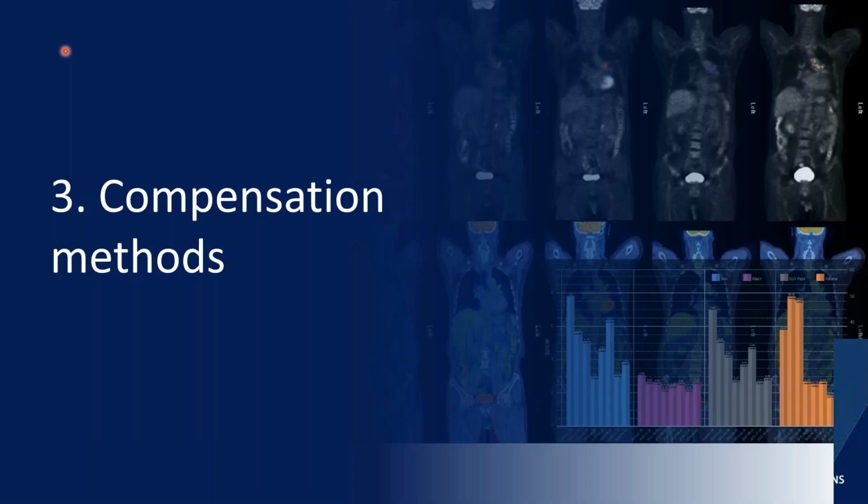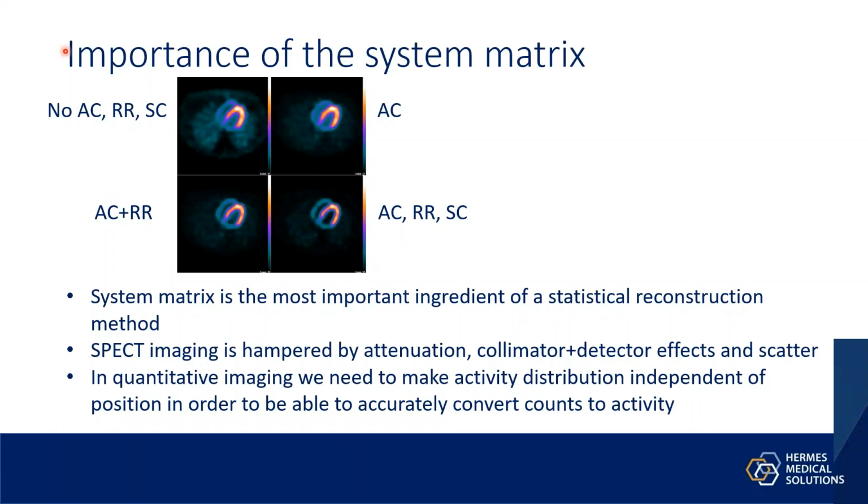So now we have talked about the basics of statistical reconstruction. We know how MLEM and OSEM work, and now we will take a deeper look at the compensation methods. Usually the system matrix is considered the most important ingredient of a statistical reconstruction method.